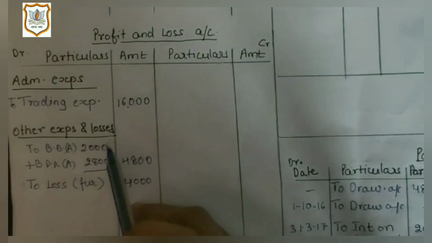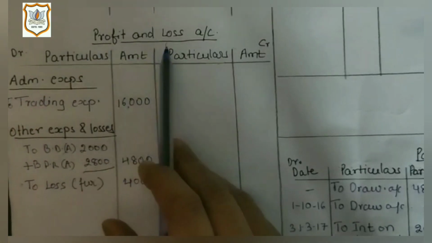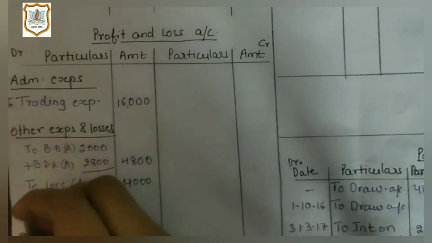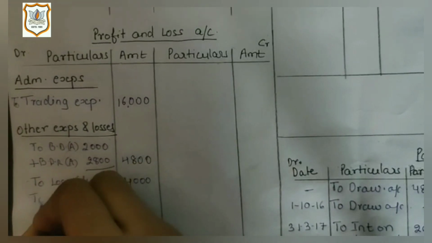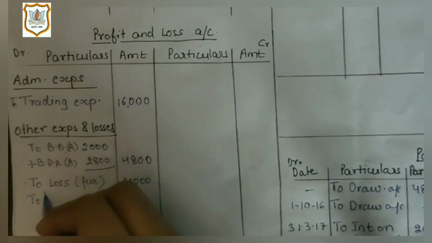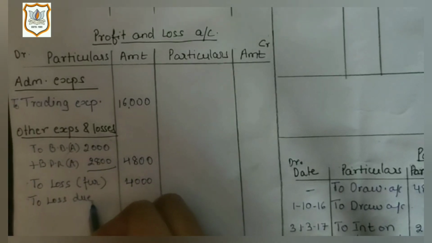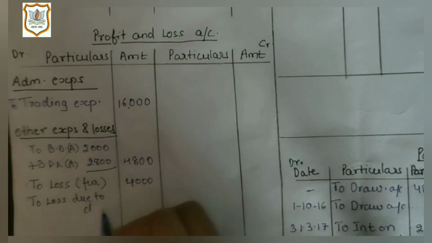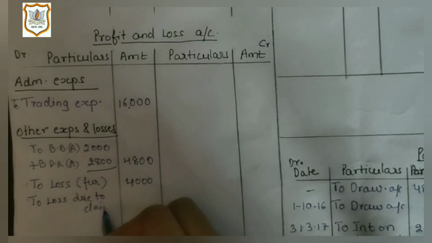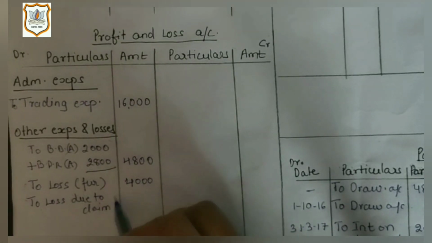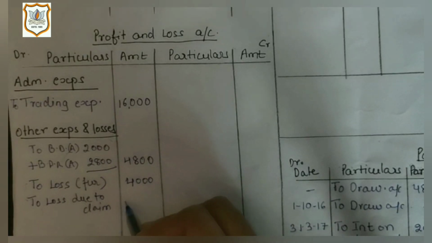And second effect will be on debit side of profit and loss account, since it is a loss for the firm. So we will write it here, loss due to claim. Amount is 4,000.